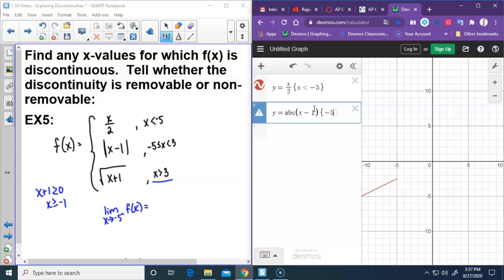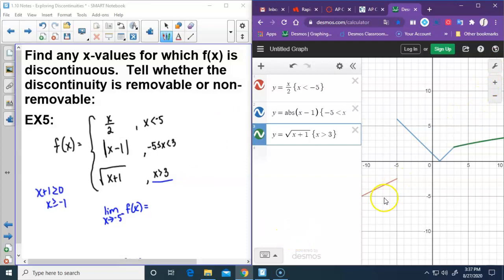Negative 5 is less than x less than 3. Technically, that should be a less than or equal to right there. Just for the graph, I'm not going to worry about that too much. And y equals square root of x plus 1, and that is for x is greater than 3.